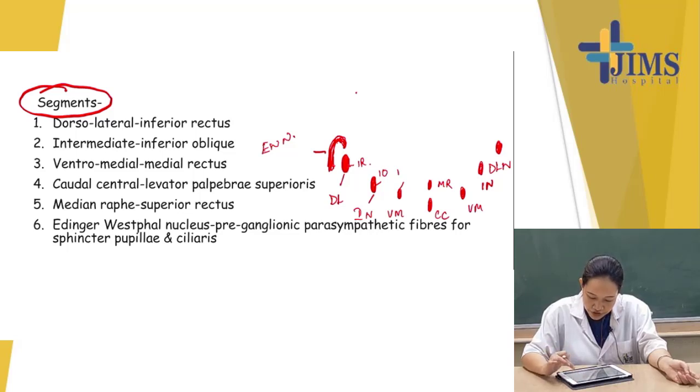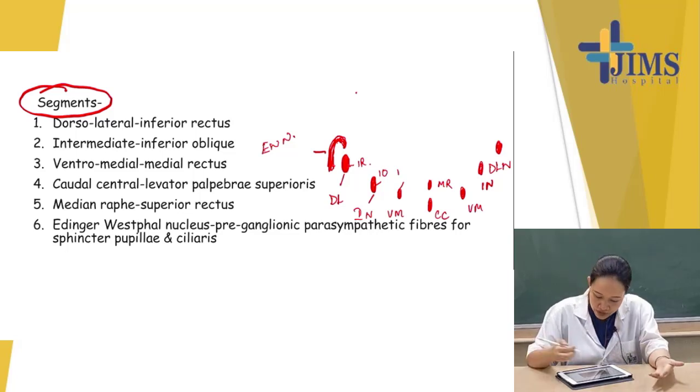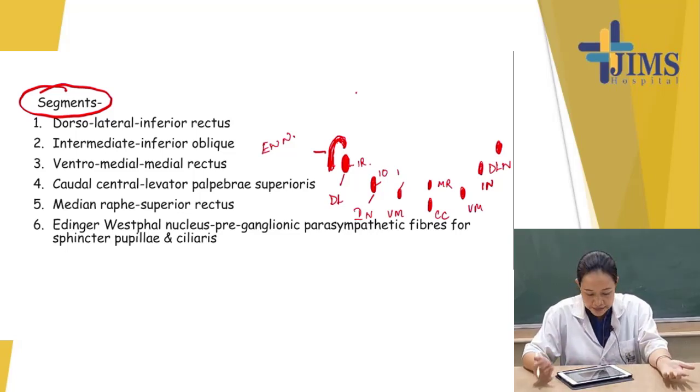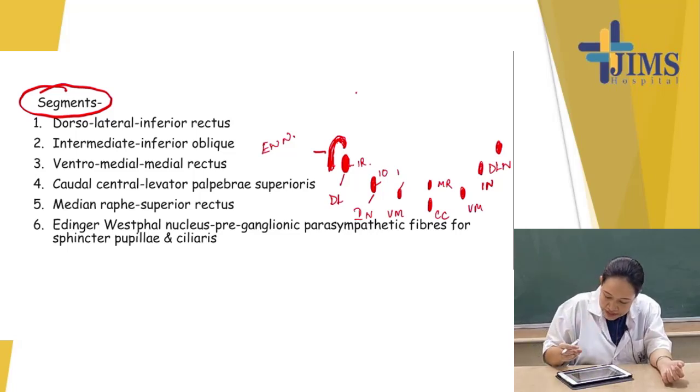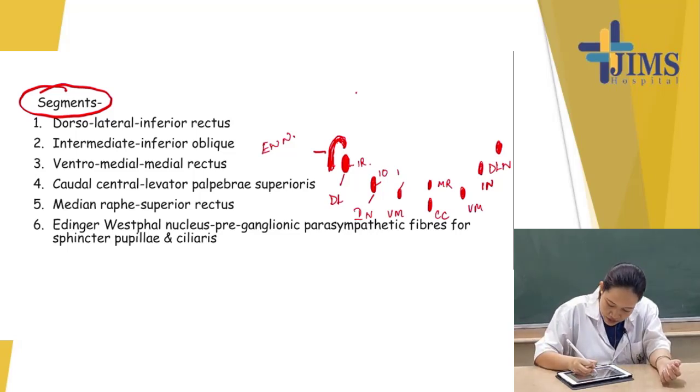Coming to the superior origin. What is the superior origin of the oculomotor nerve? So, we have to come out from the nucleus. The location of the nucleus is clear. Once it comes out from the grey matter, we have already seen that this part of the midbrain is known as the tegmentum. So, it passes laterally through the tegmentum.